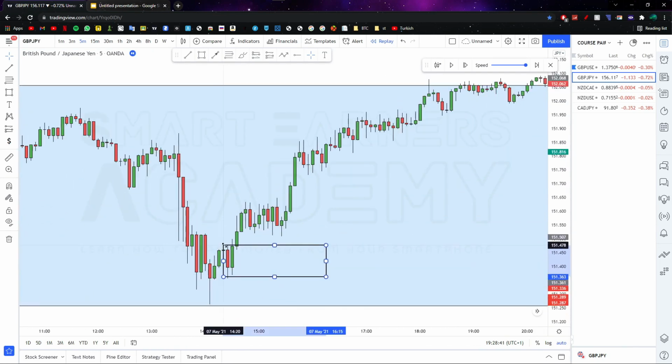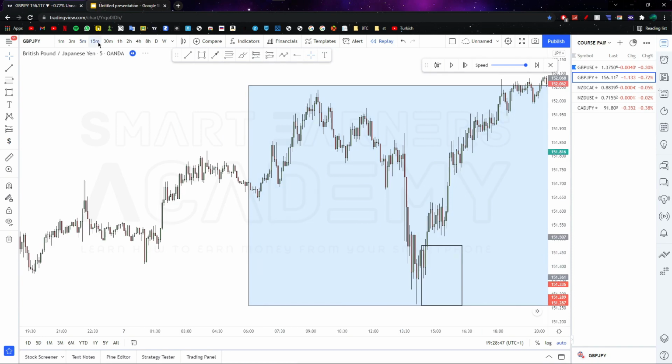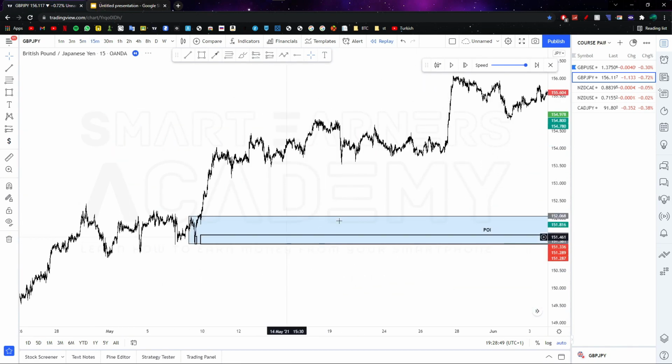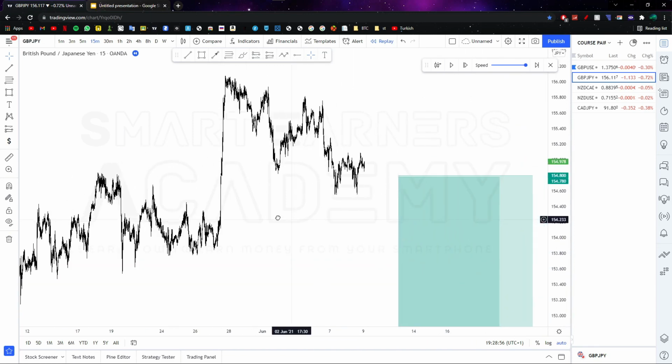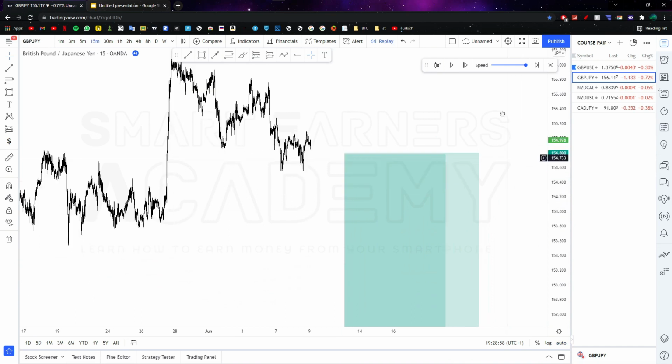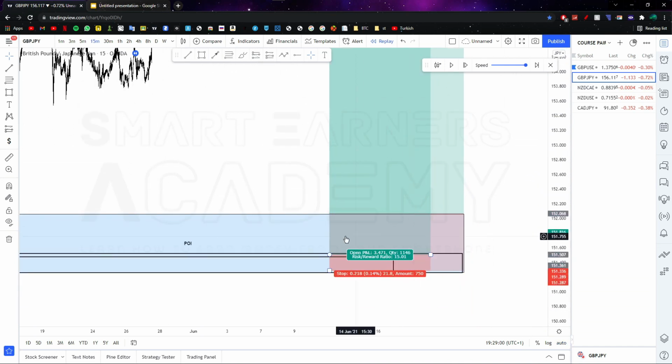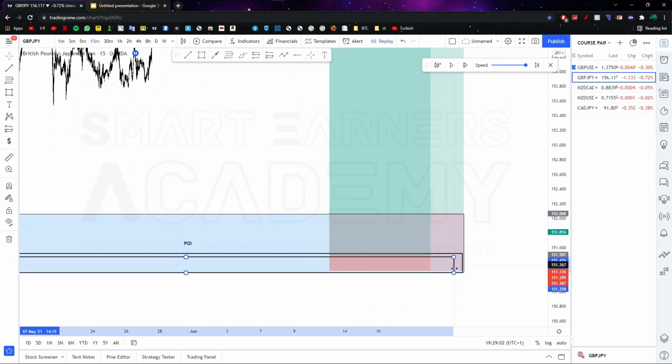Okay, yes, so this exact zone. This is the most refined zone, and I think this is going to be the best entry for this exact zone. So we'll just extend that to the right.